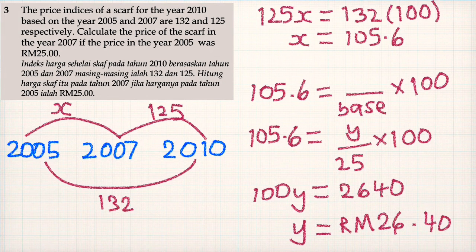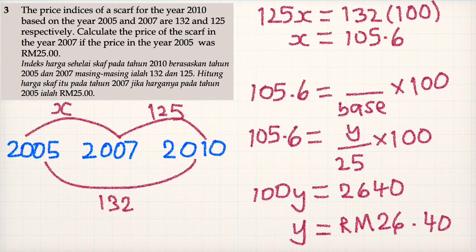Then 2010 based on 2007 will be on the second line of the leap, which is 125. I label X for the price index of 2007 based on 2005, because it's not given. So I solve and find the value of X: 125 times X equals 132 times 100, so we get X equals 105.6.